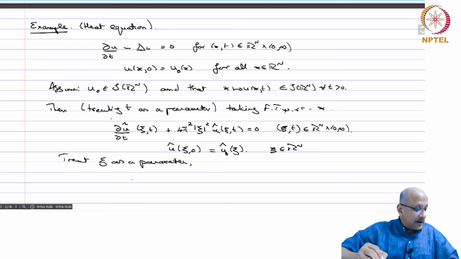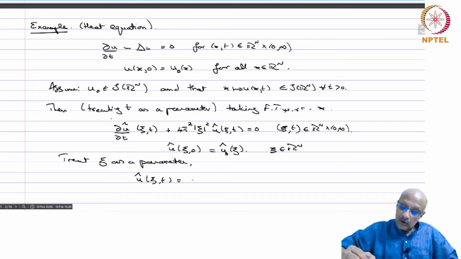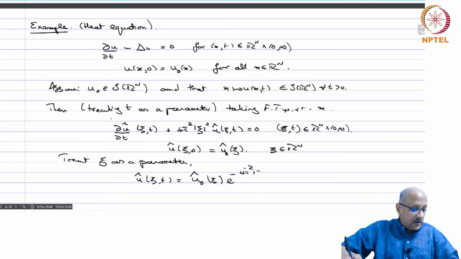Then what do you get? You have an ordinary differential equation with a certain initial value as far as u hat is concerned. So u hat of xi, t equals u naught hat of xi into e power minus 4 pi square mod xi square t.